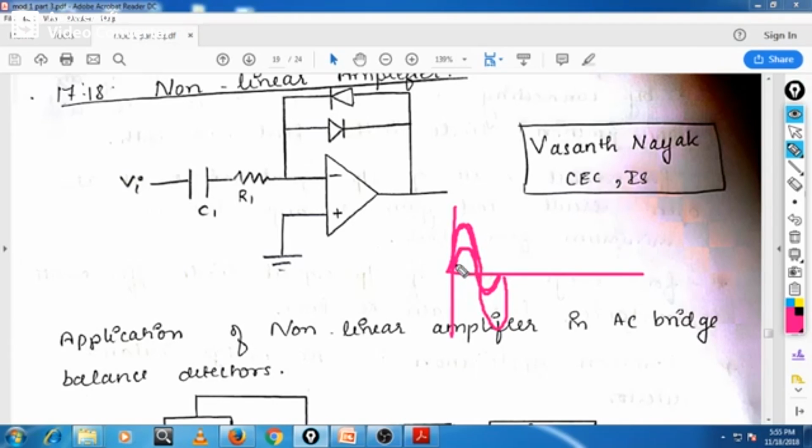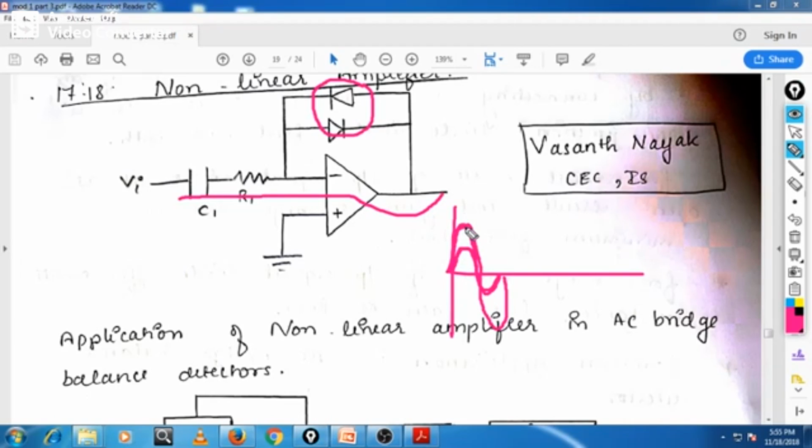For a low amplitude signal, this diode won't be able to conduct. I am talking about amplitude, not frequency. The low amplitude signal will pass through this operational amplifier and get amplified.